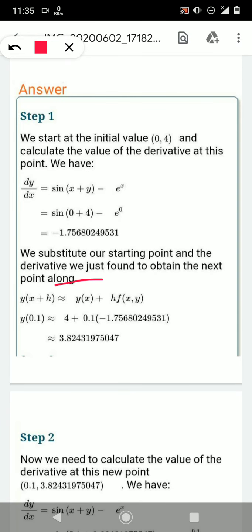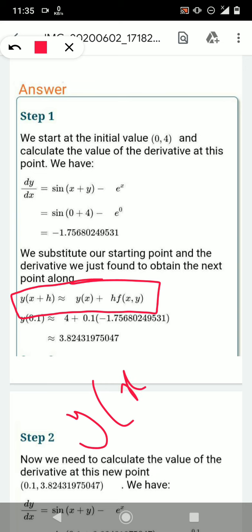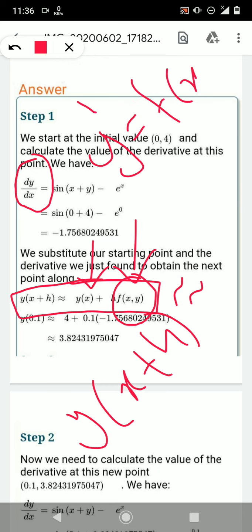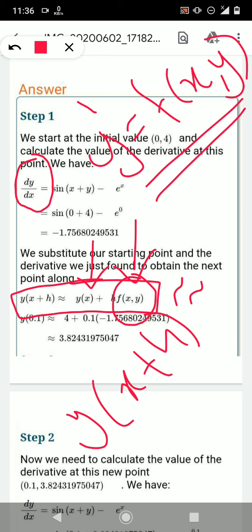Now make use of Euler's theorem. y(x+h) is approximately equal to y(x) + h f(x,y), where f(x,y) is y dash, since we have considered y dash is equal to f(x,y) in the initial value problem.